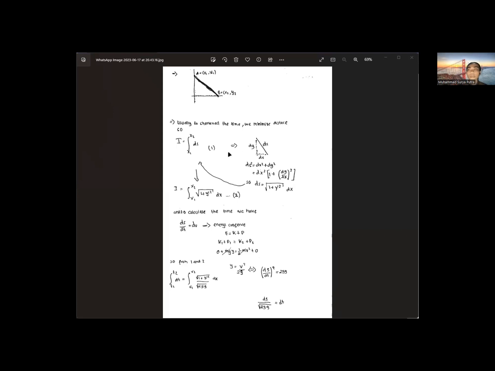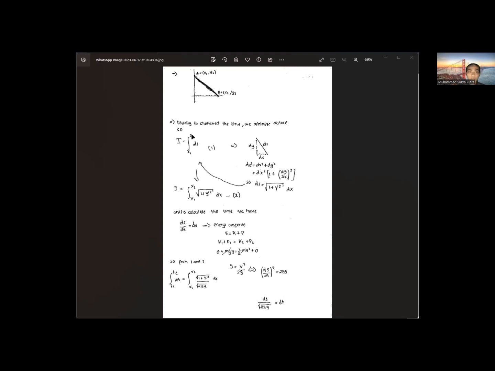The length of the path from A to B is considered as S. This is just an abstraction so we can understand it better. In reality, the roller coaster track is not linear but curved, and how much it curves depends on the function that we want to discover.